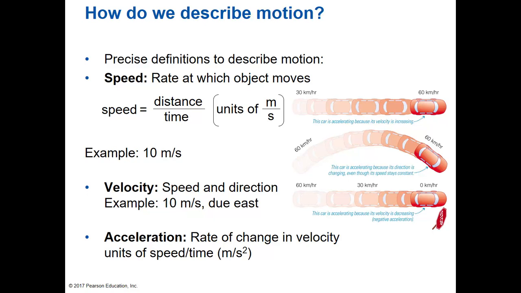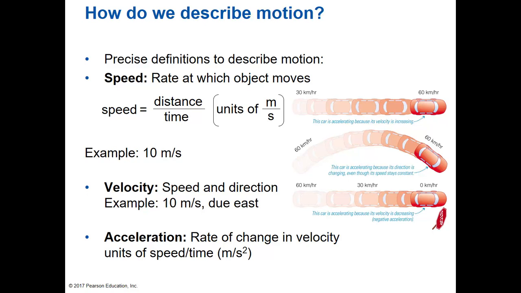Now let me give you one more example. Let's say from Odessa to Dallas. I need to go to Dallas from Odessa. If I need to go to Dallas, I have to move in one particular direction, which is towards the east.